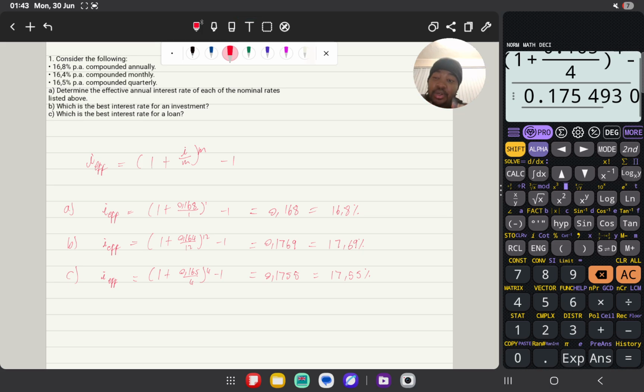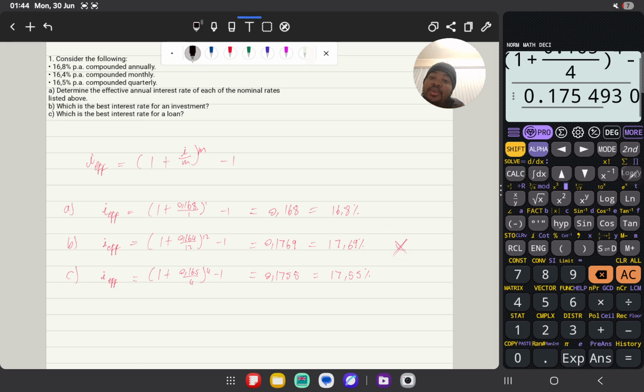And then they ask you a question: which is the best interest rate for an investment? You see, when you have effective rates, you can now actually see which interest offers the best rate. How do you do that? You find the highest, which is this one right here.